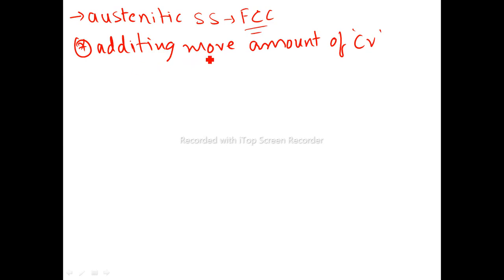We can't heat treat both ferritic stainless steel and austenitic stainless steel because they are very soft in nature. They cannot be heat treated. The strength can be enhanced with the help of cold work.